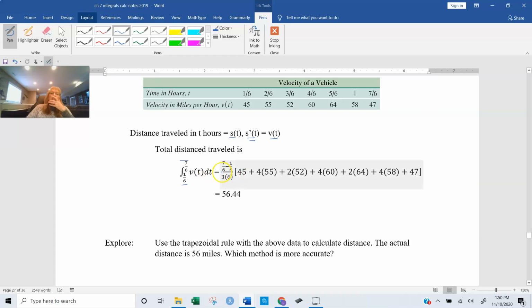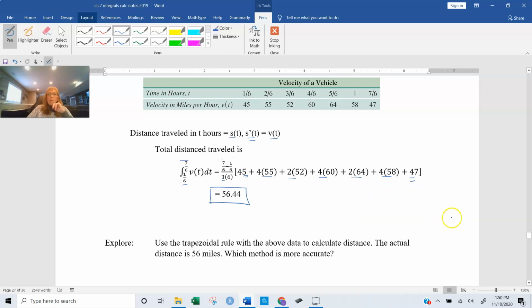So we have to take 7/6 minus 1/6, where we end minus where we start, over 6 times, and times 3, because this is the Simpson's rule. We leave the first guy alone, and it's 4 times the 55, 2 times 52, 4 times 60, 2 times 64, 4 times 58. Leave the last one alone. Type that in, and our average velocity, our speed, is 56.44 miles per hour.